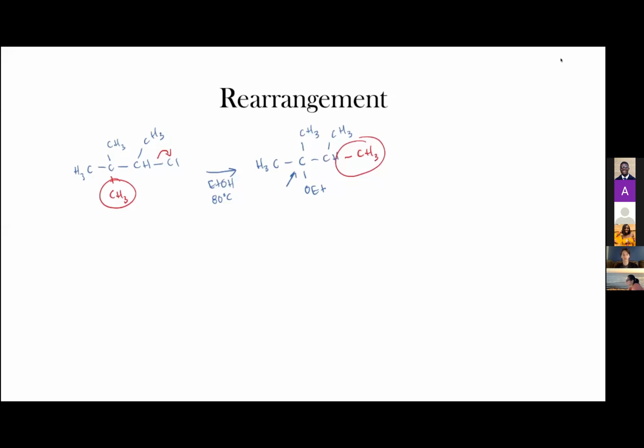Just like in the other reactions you've seen, methyl shifts are possible to stabilize the carbocation in the reaction.